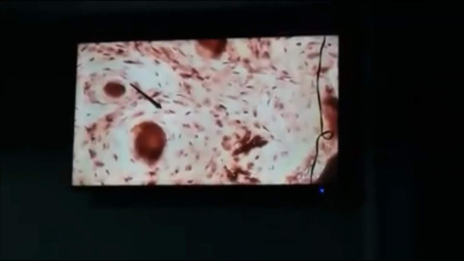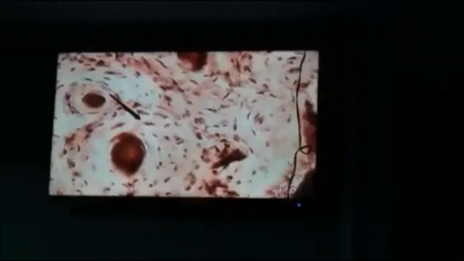Take note that the structure pointed is your lacuna, L-A-C-U-N-A, no E at the end. If we ask you the structure, lacuna is the answer. But if we ask you the cell that is pointed, you will answer osteocyte, because the osteocytes are lodged in the lacuna.